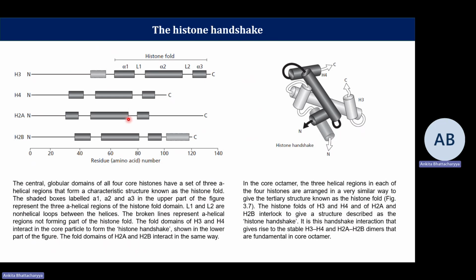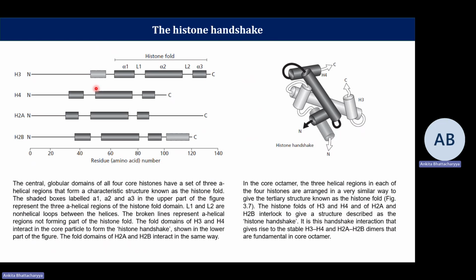The central globular domains of all the four core histones have this alpha helix, like I already mentioned. The broken lines represent alpha helical regions which are not a part of the histone fold, which is shown here in light gray.